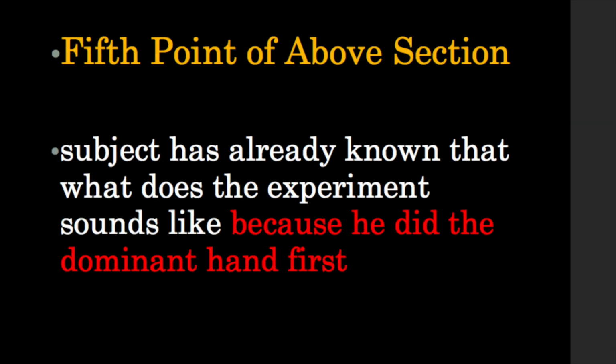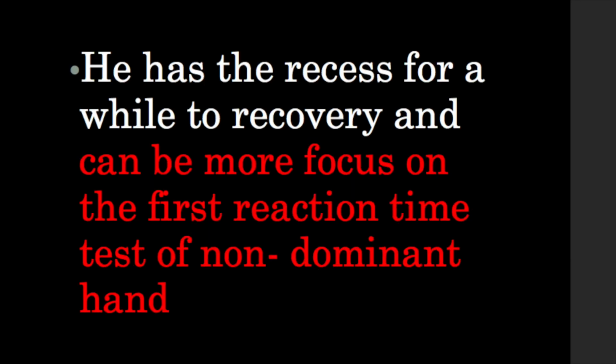In the third point of the above sections, the subject already knew what the experiment sounds like because he did the dominant hand first. Also, he had a recess for a while to recover and he could be more focused on the first reaction time test of the non-dominant hand.